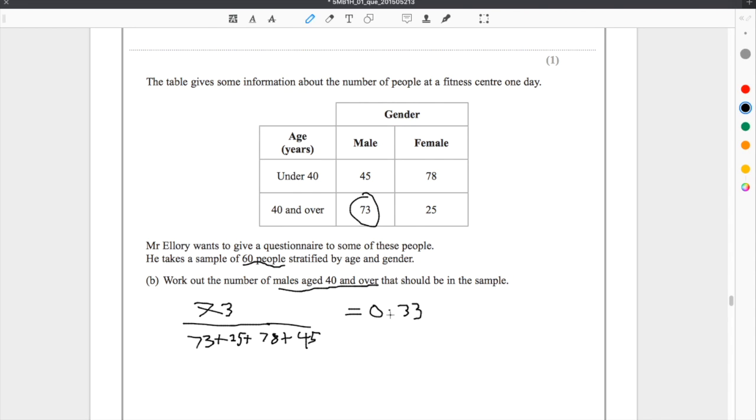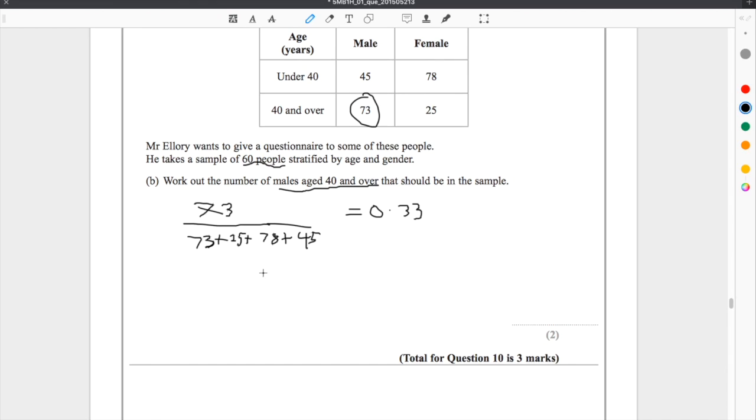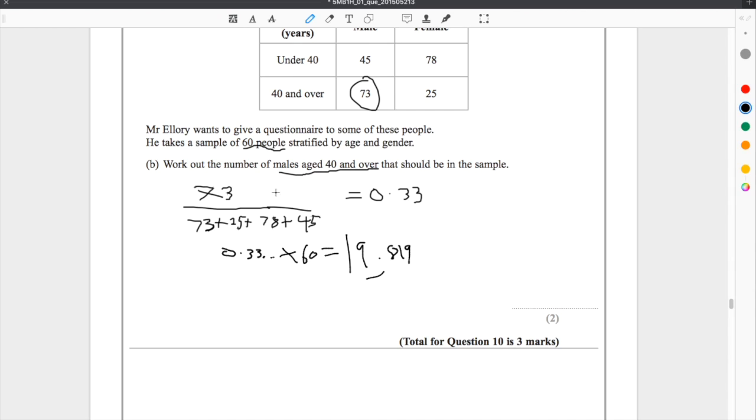So it's approximately 0.33. And then we multiply that value on the calculator by the number in the sample, which is 60. And that gives us 19.819 to be precise, and we're looking at the number of males aged 40 and over that should be in the sample.